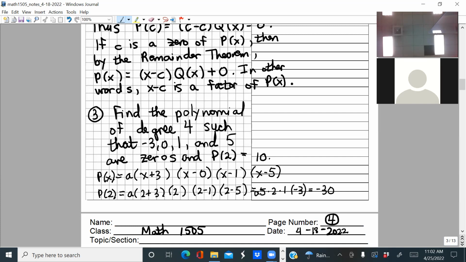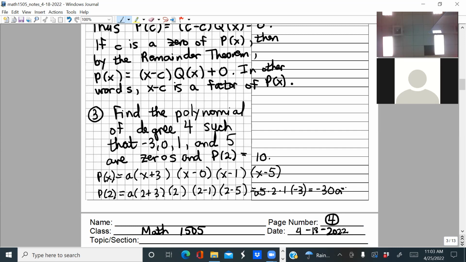You have a times 5 times 2 times 1 times minus 3. And notice when you multiply all of those numbers together, you get minus 30 times a. The a is still multiplied in there. But what is that supposed to be according to the instructions? What is that minus 30 times a supposed to be?